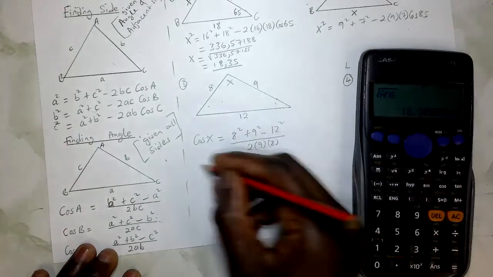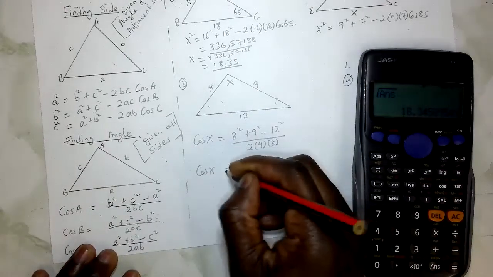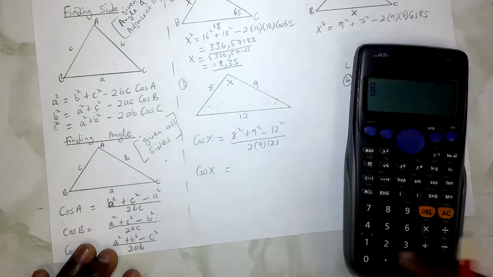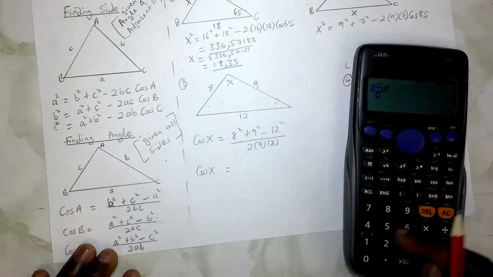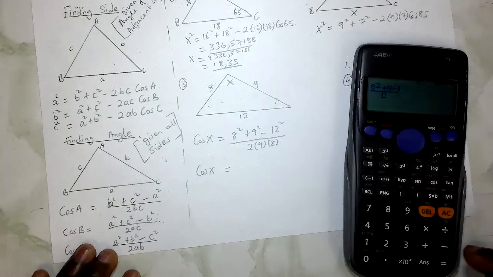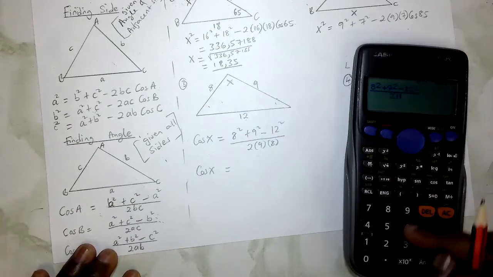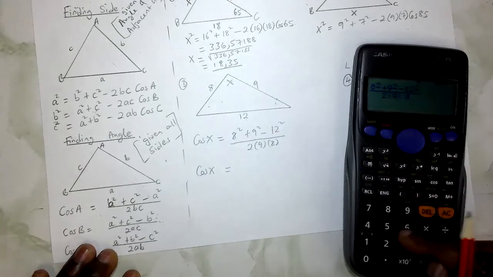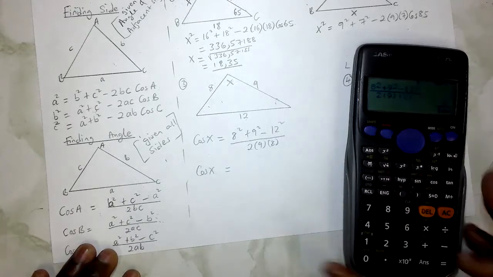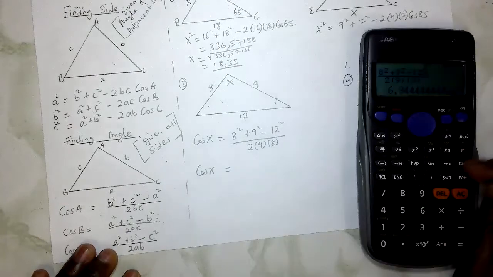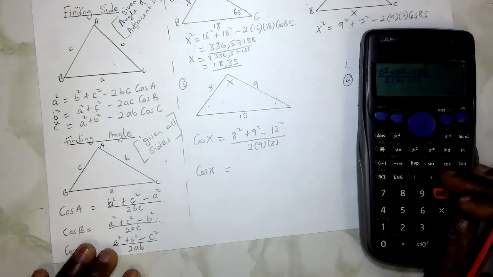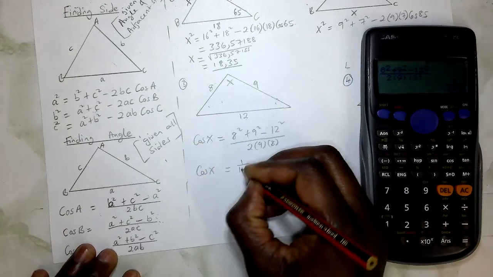Now cos x will be equal to, let's see, 8 squared plus 9 squared minus 12 squared over 2 times 9 times 8. We get 1 comma, so it's a very small answer here: 1 over 144.